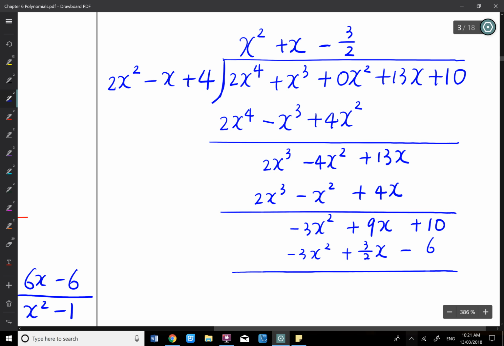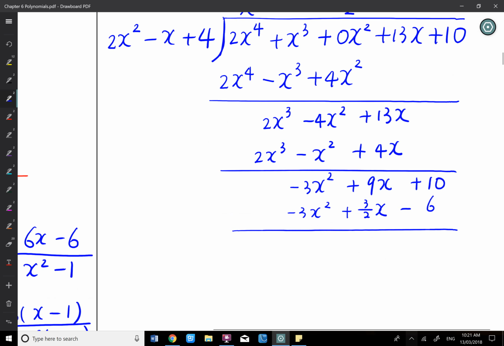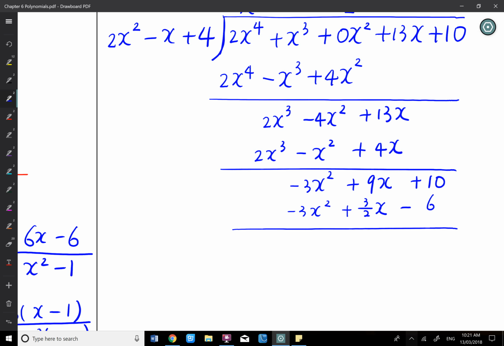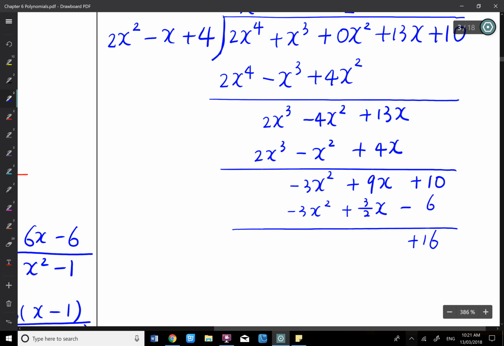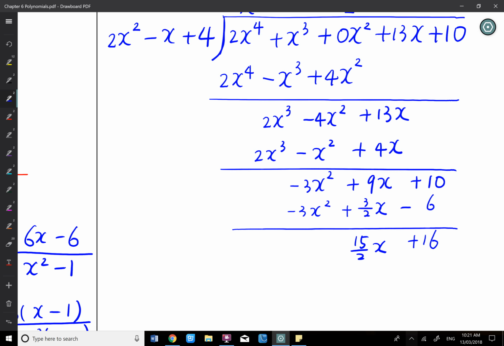So what's the remainder constant? 16? How many x? 15 over 2x. Okay, that's the remainder. We can't divide anymore because it's linear already.